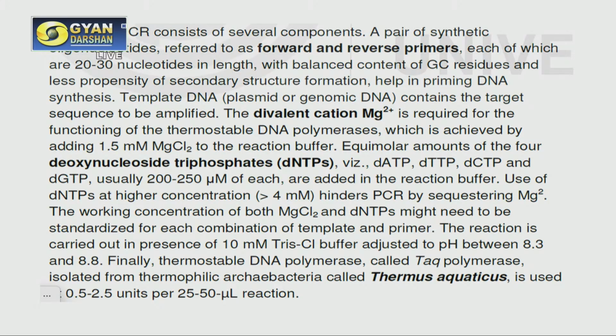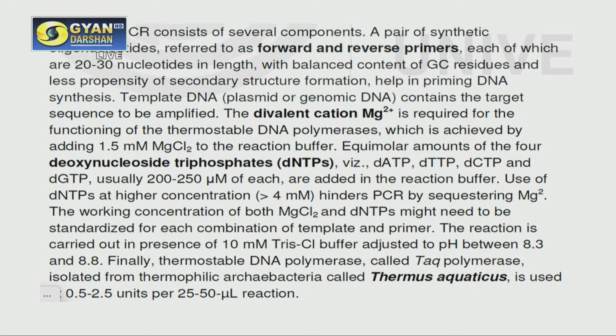So what are the important criteria of designing primers? Number one, their length, and number two, their nucleotide composition. These two things have to be kept in mind in addition to the propensity of secondary structure formation.